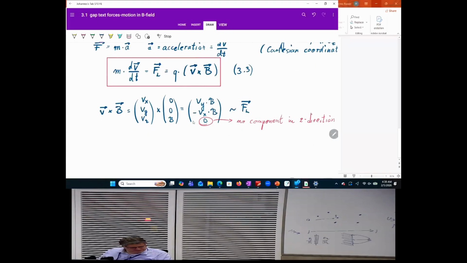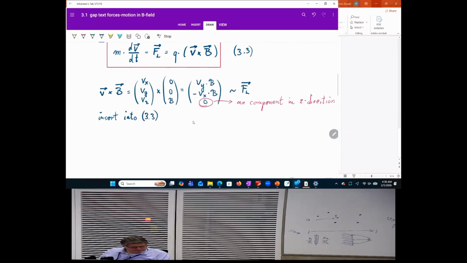Let's insert that now into 3.3. That means we obtain for the x component m times dvx/dt equals q times vy times b.